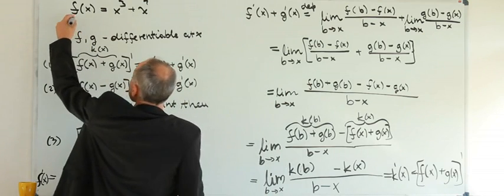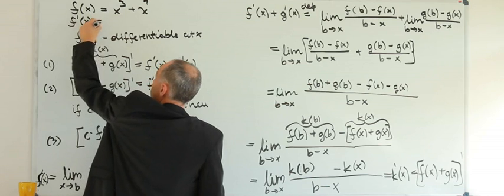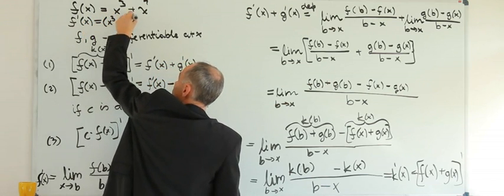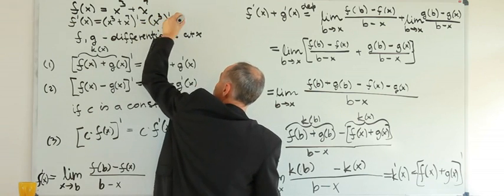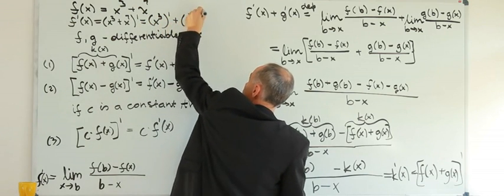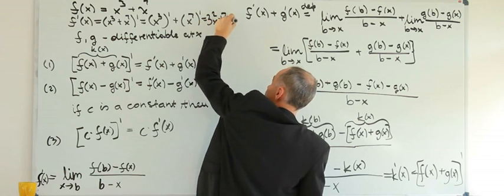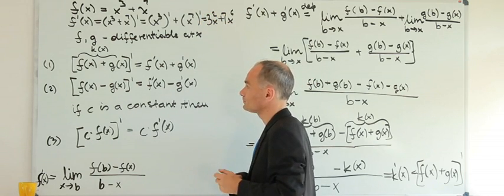So f prime of x in our example here will be simply x to the third prime plus x to the seventh prime. So that's 3x squared plus 7x to the sixth, and I apply the power rule.